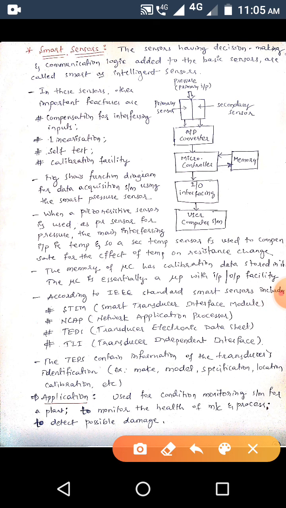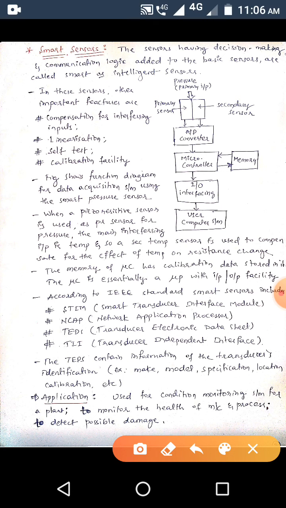Sometimes we call it an intelligent sensor as well. So the sensors have decision making by themselves, so these sensors take their own decisions, and communication logic is added to the basic sensors.